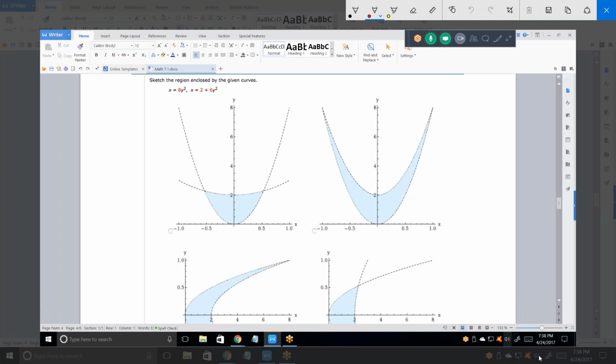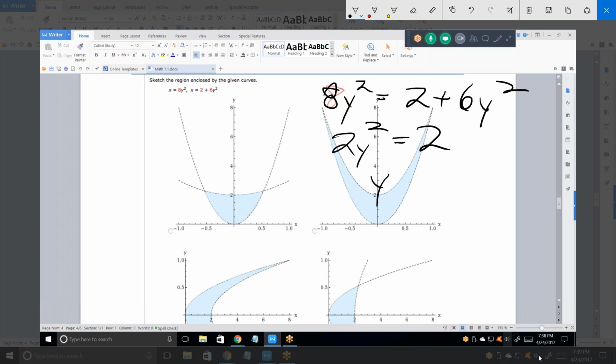So I'm going to take 8y squared equals 2 plus 6y squared. Well, if you solve that, you get 2y squared equals 2, y squared equals 1, y equals plus or minus 1 is where they're going to intersect.